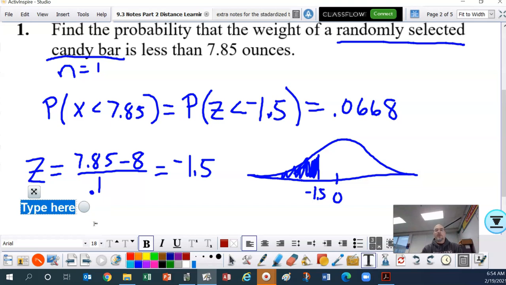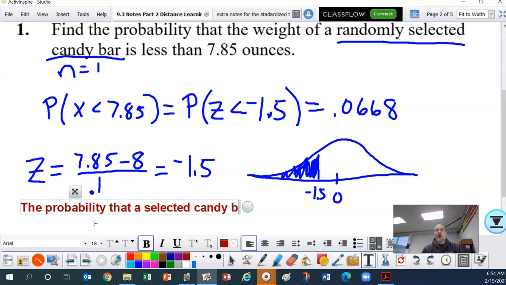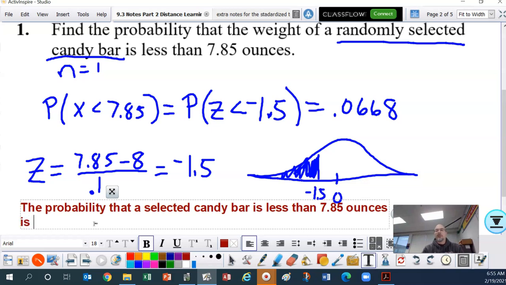All right, so the probability that a selected, remember, use your question to help answer it, the probability that a selected candy bar is less than 7.85 ounces is about 6.68%.